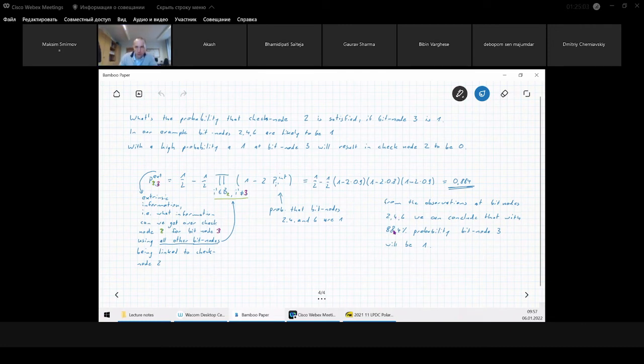This is very important to understand, the difference to the intrinsic information. So what do we know on a bit from observing it, from the noisy observation? What can we conclude on the bit? Intrinsic information. And the extrinsic information, what can we conclude on a specific bit from the observations of all other bits?